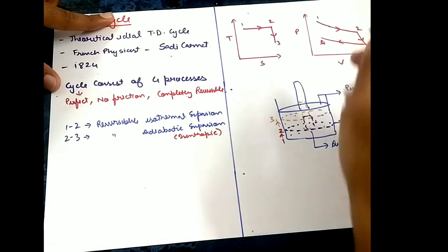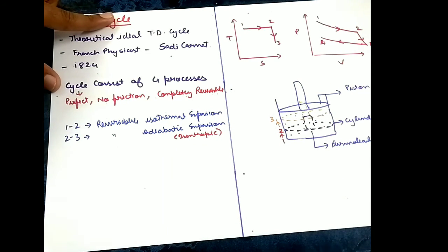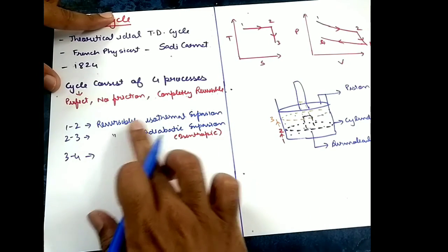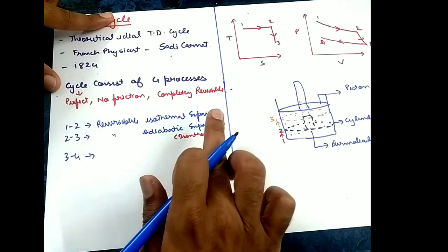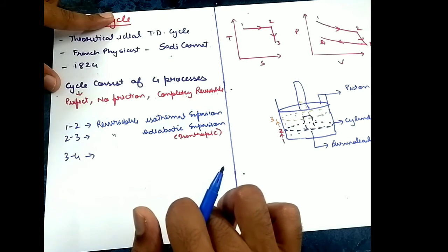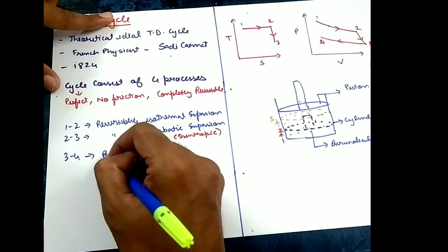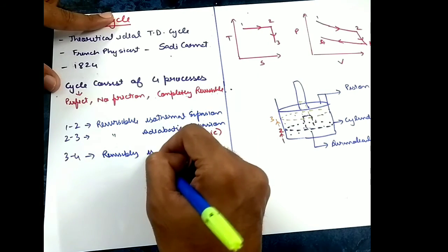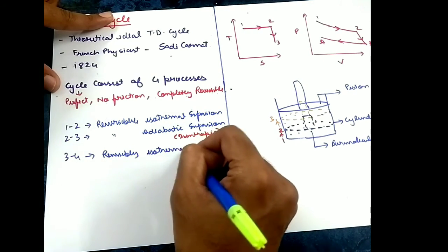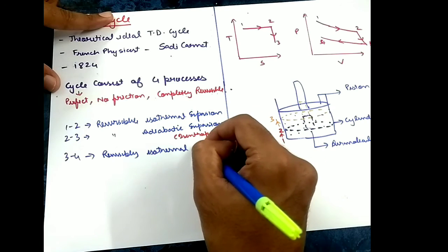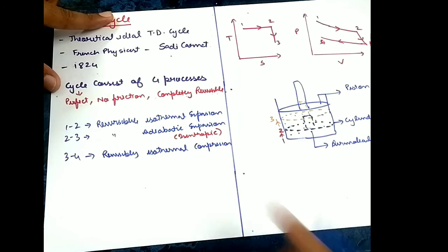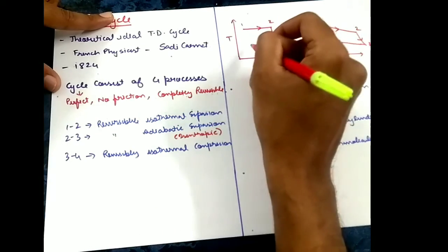So the process from 3 to 4 is a reversible isothermal compression.